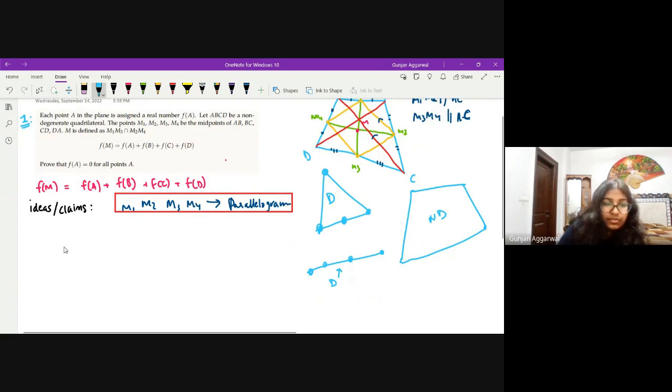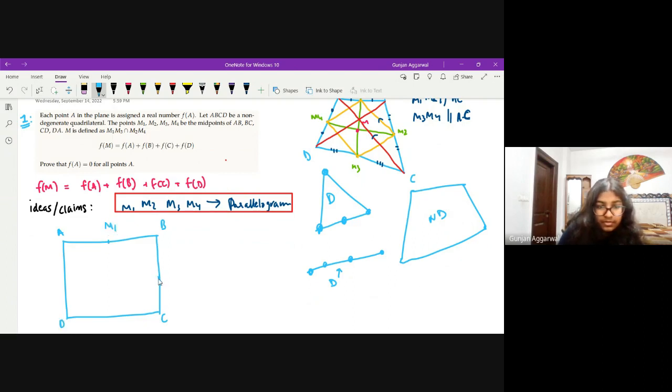Okay, if you look at a square, can you prove that the diagonals also pass through M, in a square?